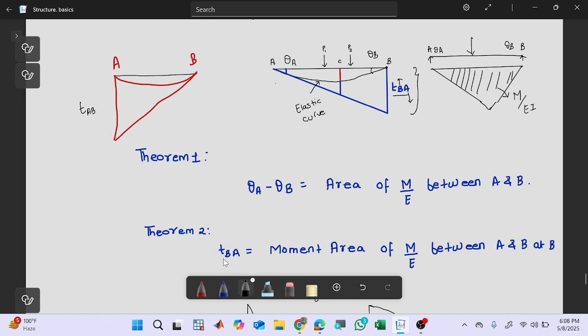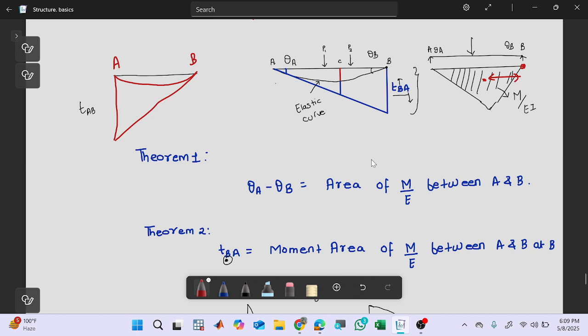This TBA can be written as the moment of the M by EI diagram between these two points, A and B, about the point where we are going to calculate. So first, at B. If the CG of this figure is somewhere here, then the moment of this area about point B will be TBA.